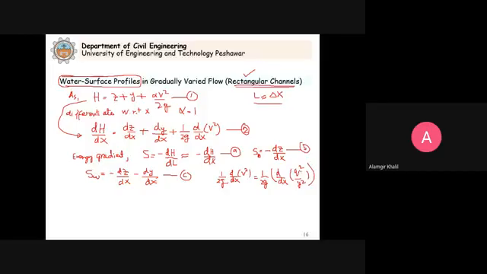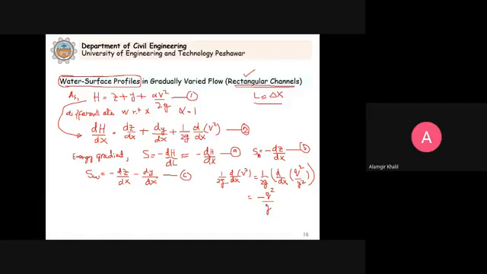If you take the derivative of this, it will be equal to minus q square. Now discharge is not changing, this is what we are saying, the steady flow. So this will be equal to minus q square by g. The 2 will cancel out.